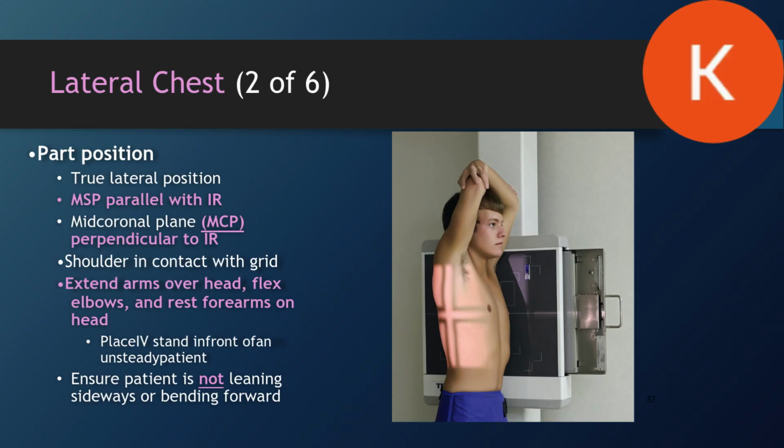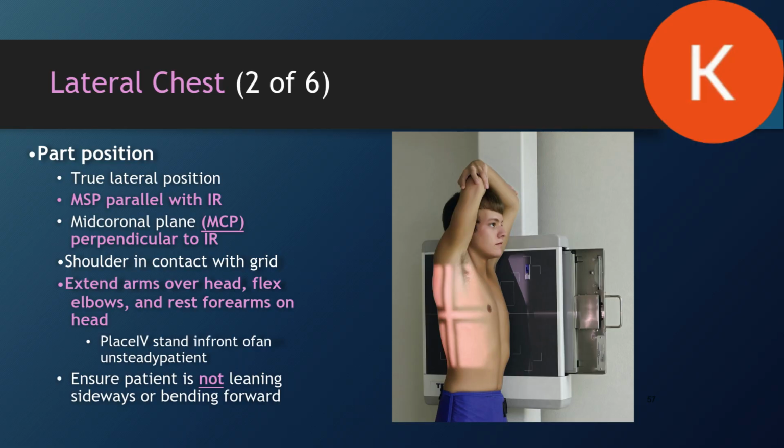Part position, the patient is in true lateral position. We want to make sure the mid-sagittal plane is parallel with the IR, but the mid-coronal plane, which is MCP, is perpendicular to the IR. Shoulders should be in contact with the grid. Extend arm overhead, flex elbow, and rest forearm on head. Place IV stand in front of unsteady patients.